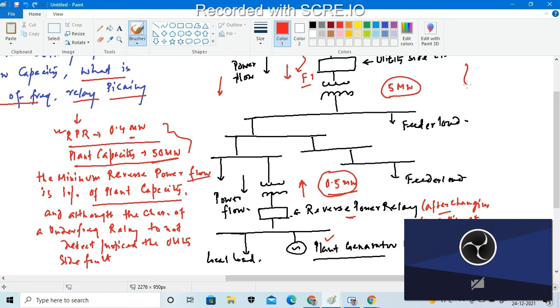That means this side fault. That is actually the disadvantage of this particular reverse power relay.